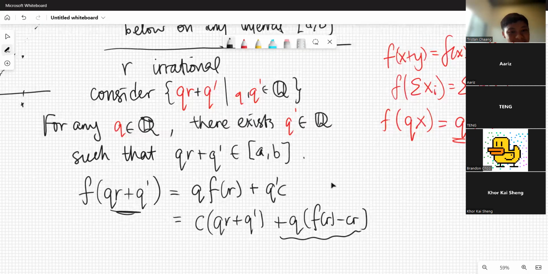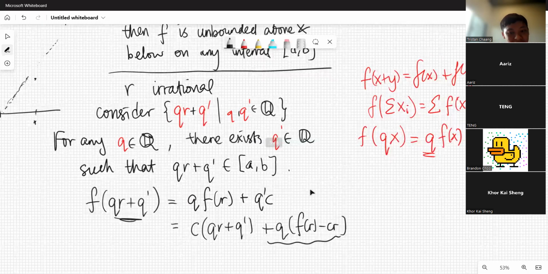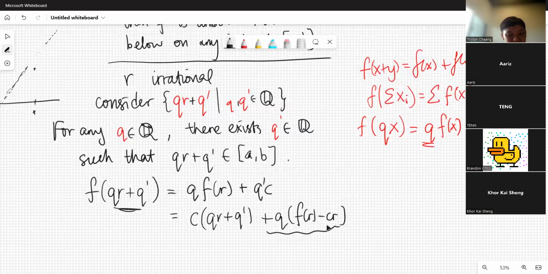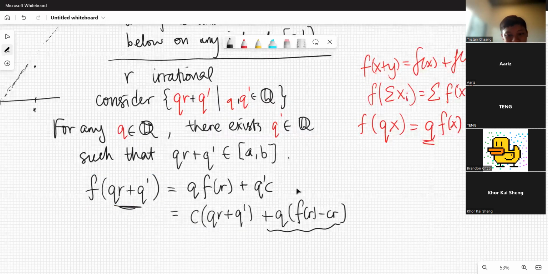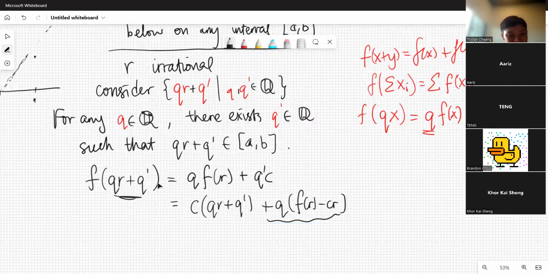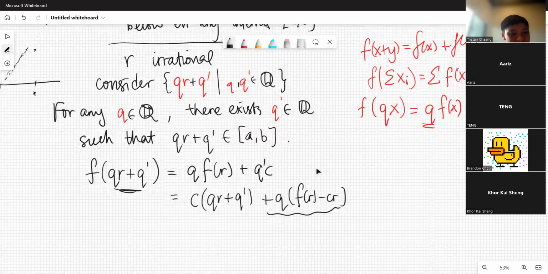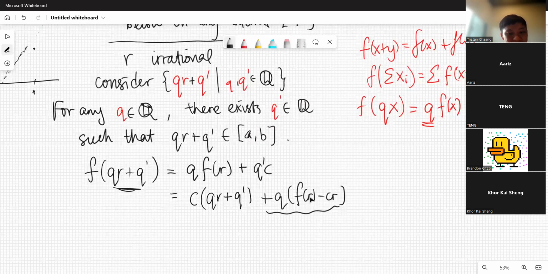So this is a junk that appears due to the reason that f(r) is not c·r. If it were c·r, then f(x) is still c·x. But since f(r) is not c·r, now we suddenly have this junk added to this predicted answer. And let's see what happens when we crank up q. Because we know for every q there is a q prime, right?